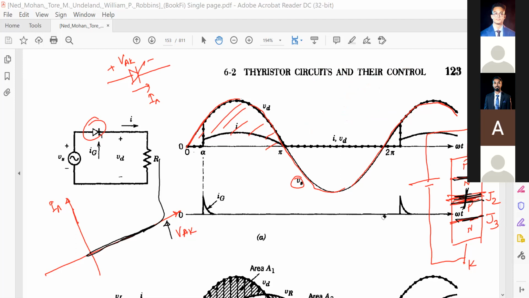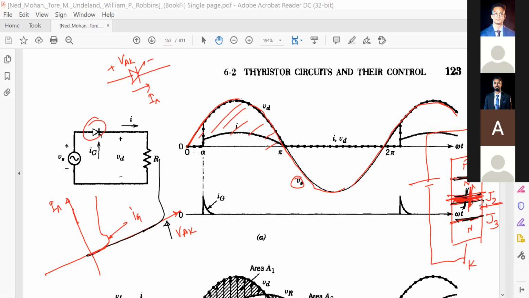So now, suppose we are increasing the input voltage, and then we have applied a gate pulse here, IG, and then this junction will be broken down.